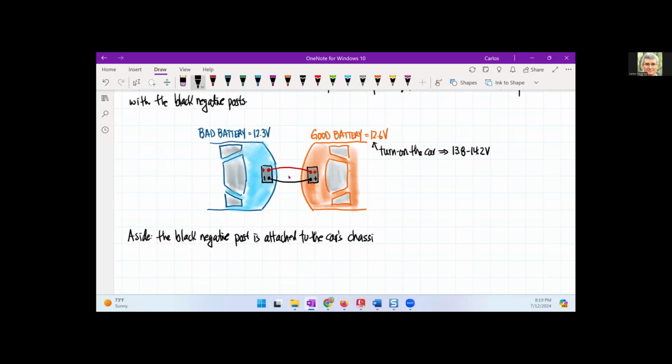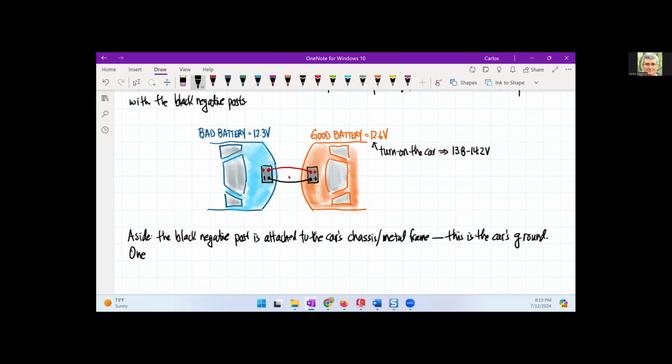I think chassis has two S's there. And what that really means, it's attached to the metal frame. And it turns out that this is the car's ground. So you don't even have to attach it to the black post.